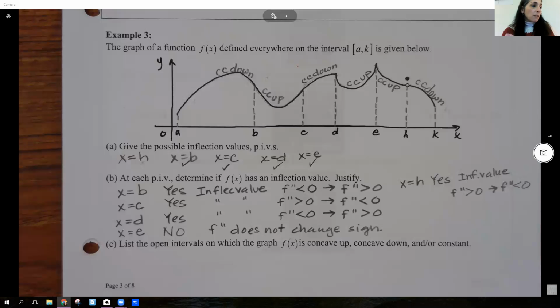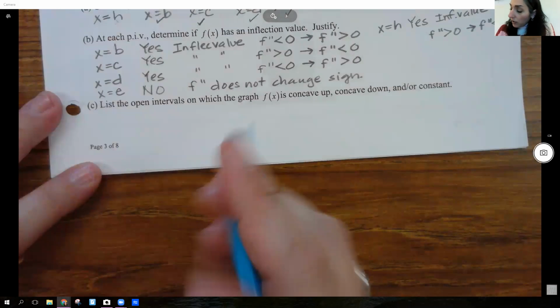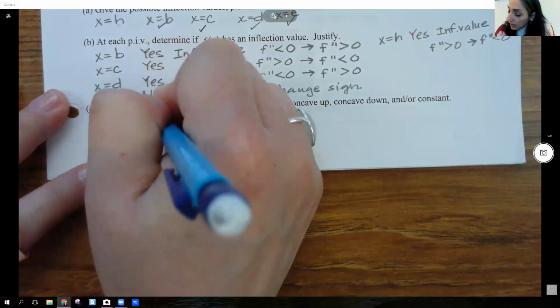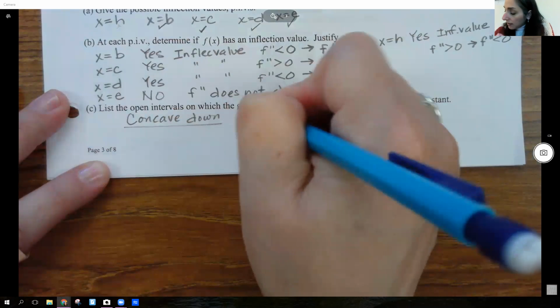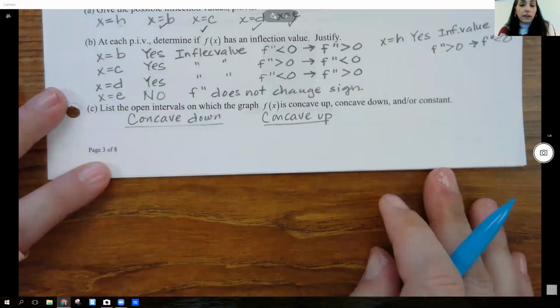Okay. Part C. List the open intervals on which the graph of f of x is concave up, concave down, or constant. So this is just listing intervals, very much like a pre-calc type question. So your intervals are going to be, let's see, concave down over here and concave up over here.